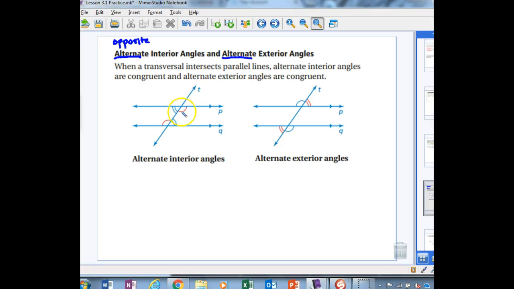So opposite side of the transversal, but still inside the car. Here we have opposite sides of the transversal on the outside of the vehicle. Those are information that you need to know. There's one more that we didn't write down, but I'll cover it as we go through our examples.